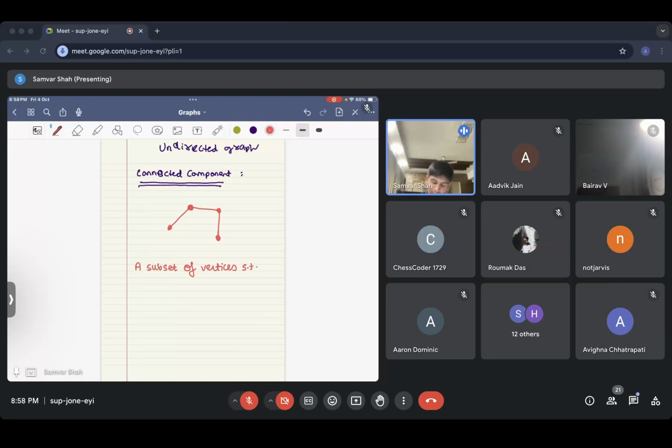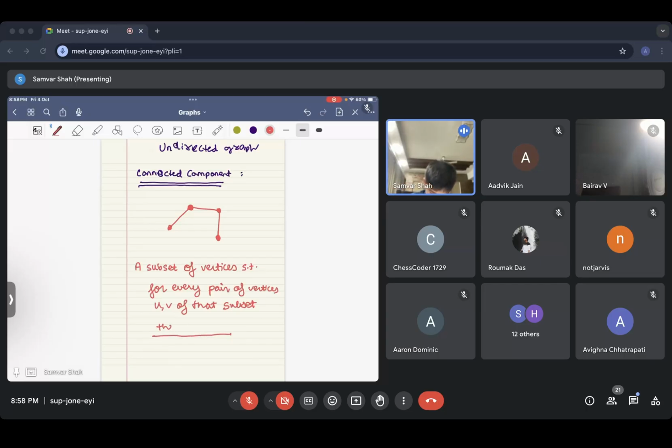So you have a subset of vertices such that for every pair of vertices u, v of that subset, okay, I'm going to give two options.